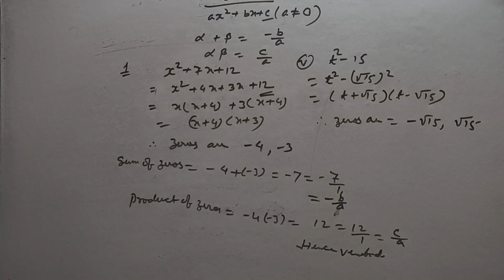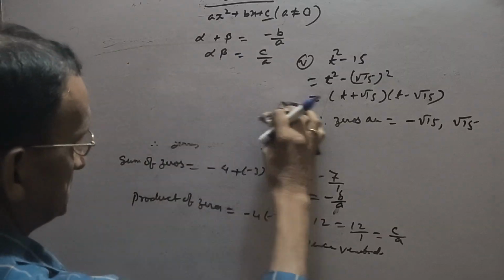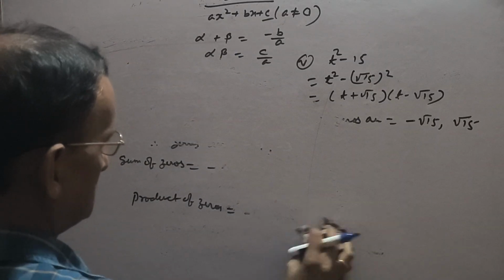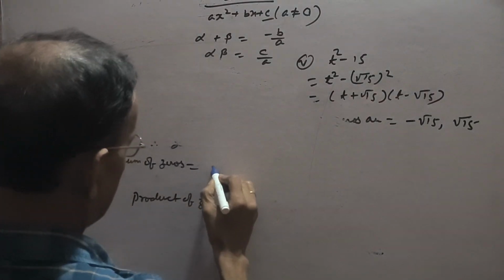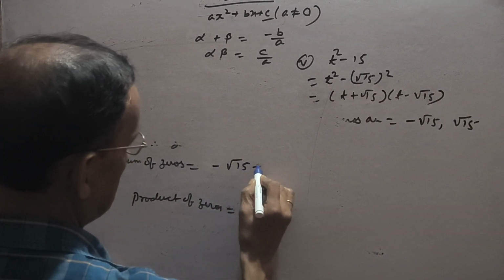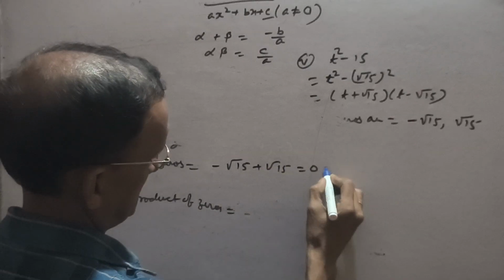Then you need to do the verification of the sum of zeros and product of zeros. So first, sum of zeros equals minus root 15 plus root 15, which is 0. And what is 0?